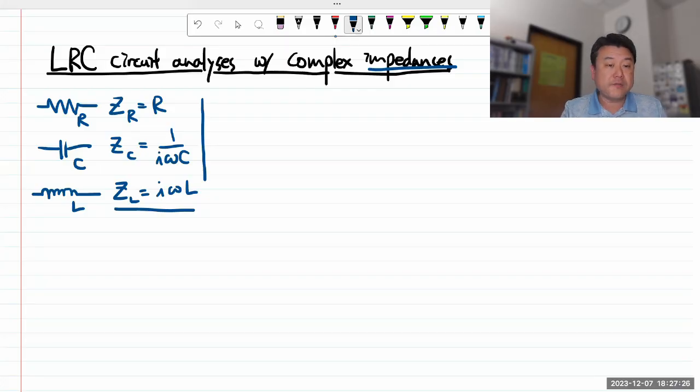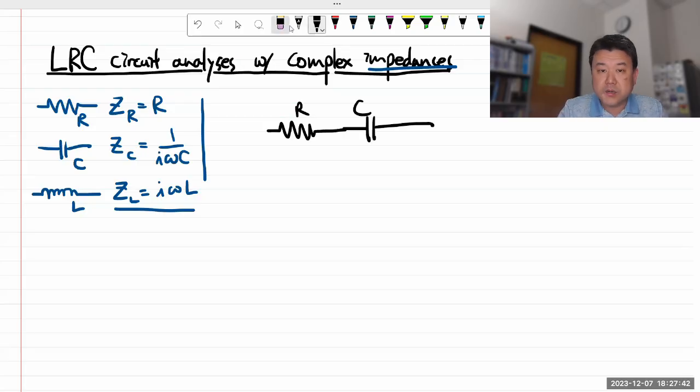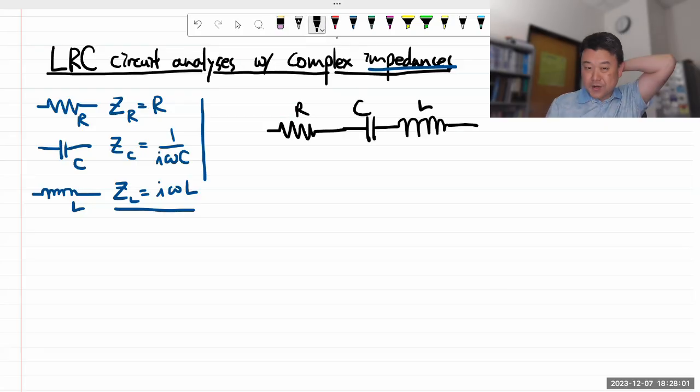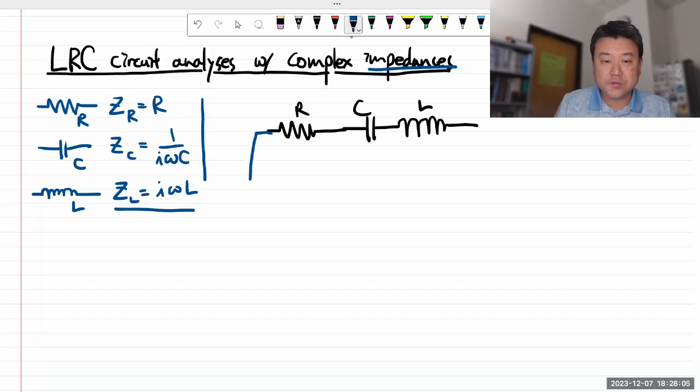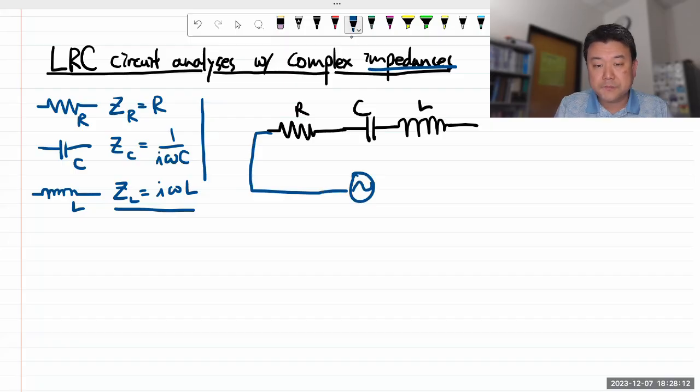It means whenever you have these elements, you can add them like you add resistors. So for example, if you had them just in series: resistance, capacitance, and inductance. Let's say you are trying to get some results out of this circuit, so you connect it to an AC power source, one that provides fixed amplitude voltage.